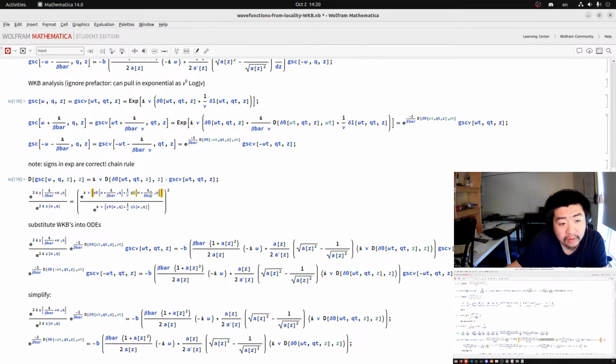Right. But now I can just, yeah, so that will be of higher order. But the thing is, this is going to look like e to the this thing times this thing times a derivative.